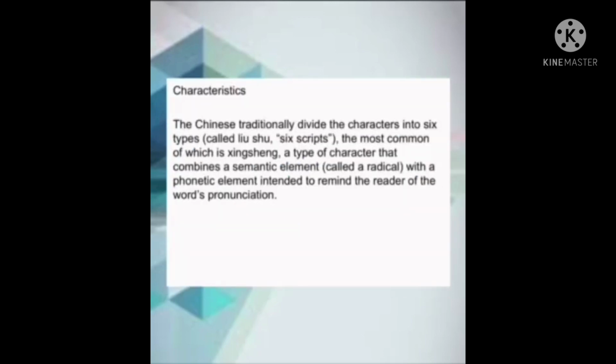Characteristics. The Chinese traditionally divide characters into six types, called Liu Shu, the most common of which is Xingsheng, a type of character that combines a semantic element called a radical with a phonetic element intended to remind the reader of the word's pronunciation.